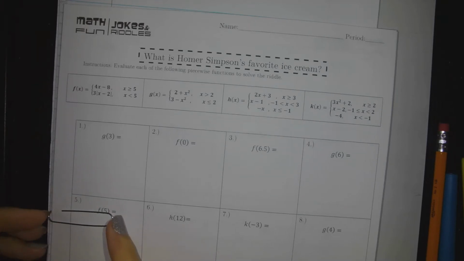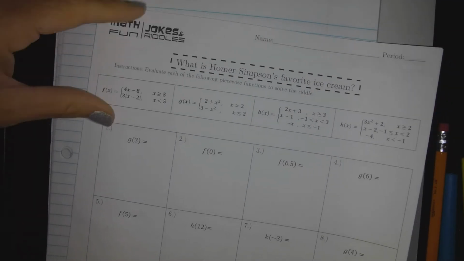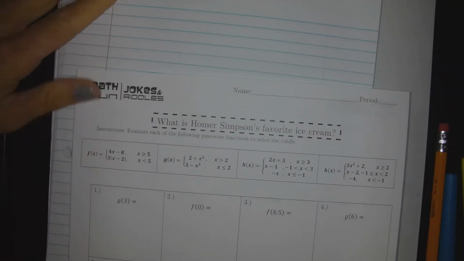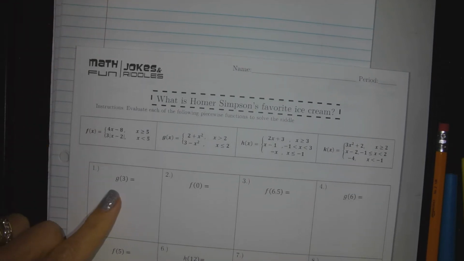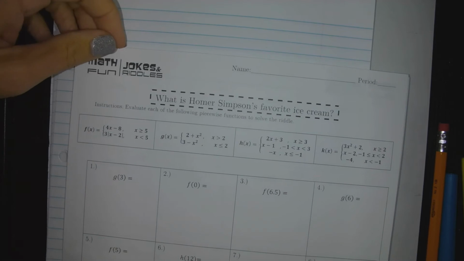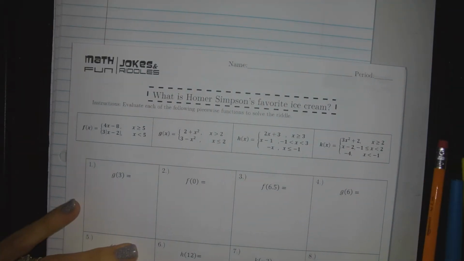So this is the sheet you have. I'm not really giving you notes right now, because we're just plugging in numbers. And there's a right way to do these and a wrong way. So let's get started.